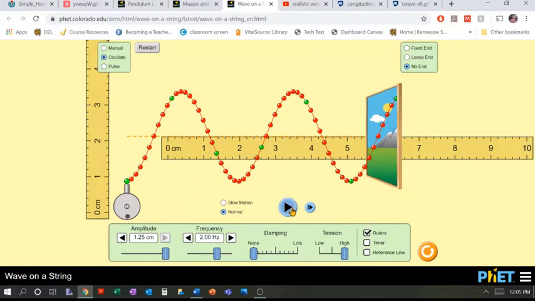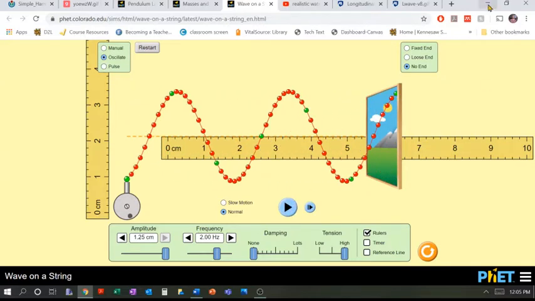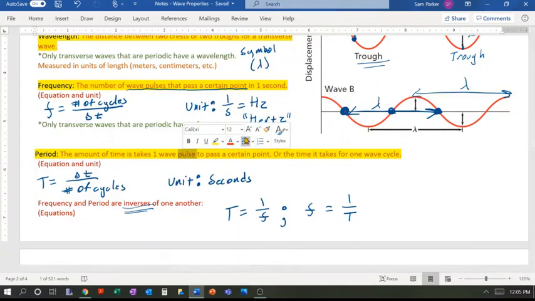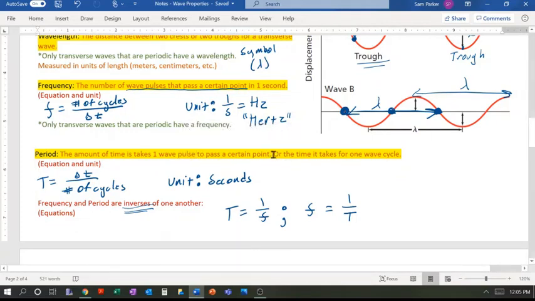It's kind of hard to see, but it's how much time it takes the entire wave to pass a certain point, or the time it takes for 1 wave cycle. So that would be the inverse of frequency, the amount of time over the number of cycles. It's a measurement of time, so the unit is usually going to be seconds.